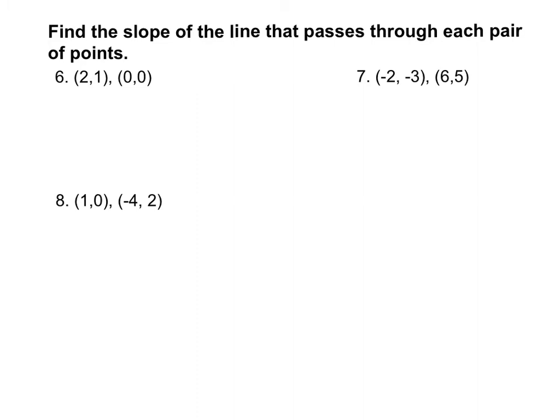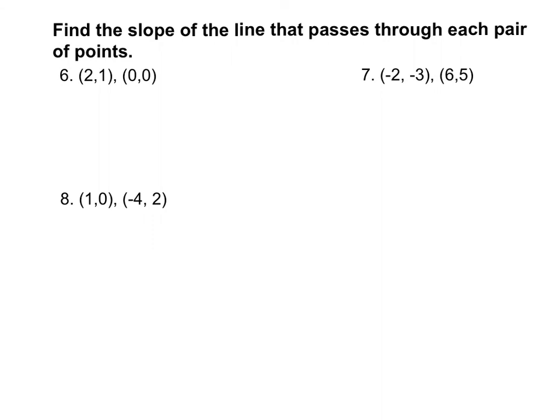Okay, for number 6, the instructions are to find the slope of the line that passes through each pair of points. And guys, if you think about slope as rate of change, and you think about the formula, it'll start to make sense as we do these here, because we'll have the change in y over the change in x. That's what those little triangles mean.